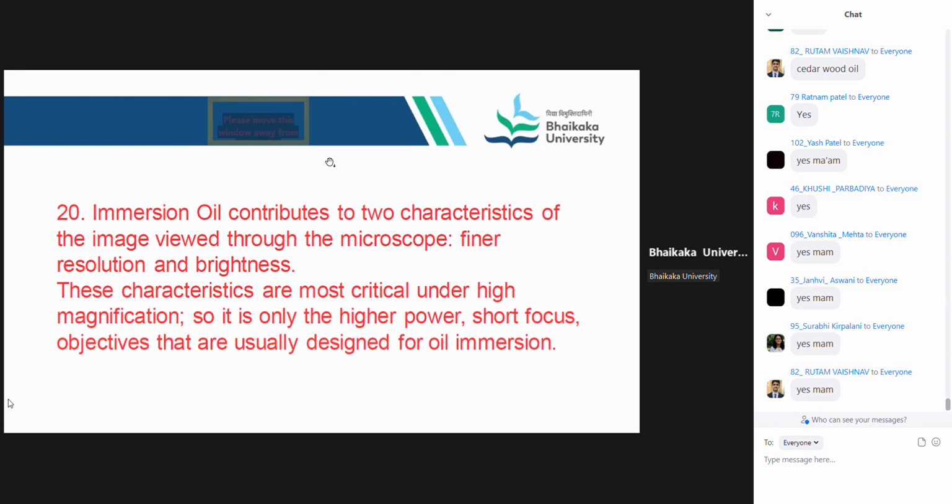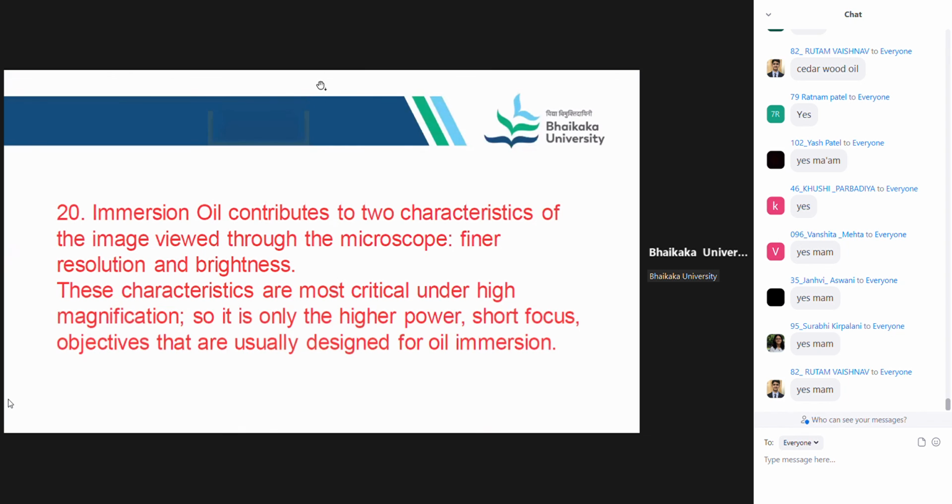Still, one more important point for the microscope is its maintenance. You need to take care. It is very costly, so when you handle it, you must take enough care. What are the points that you need to know about taking care when you are in the practical class?